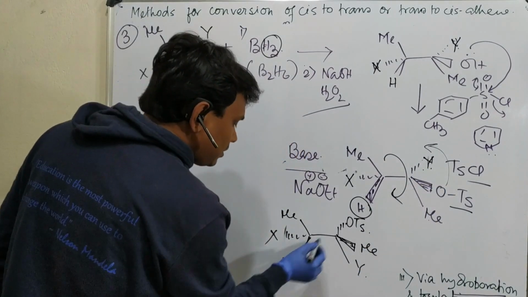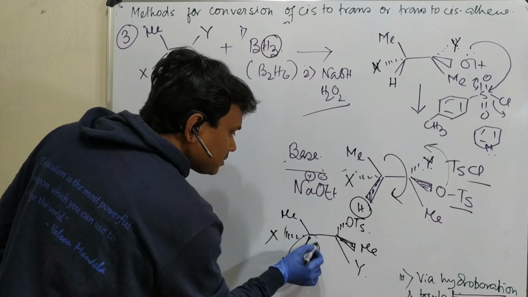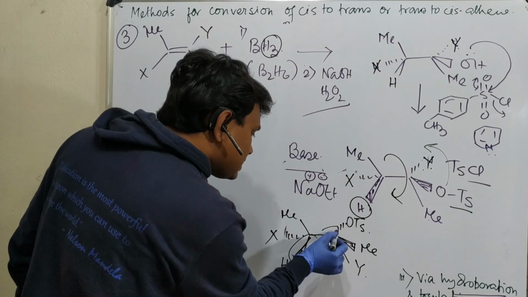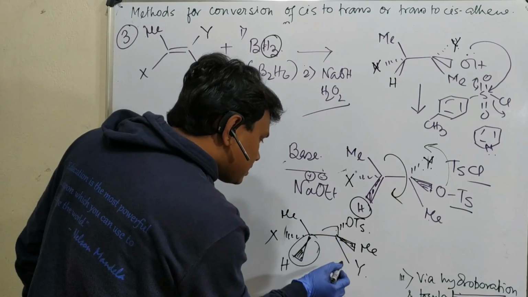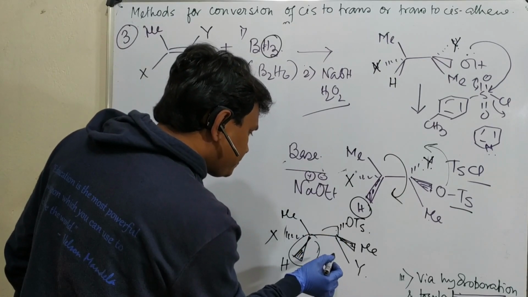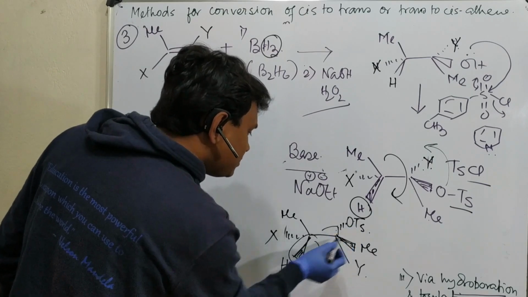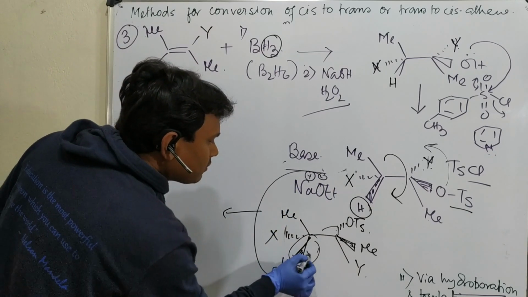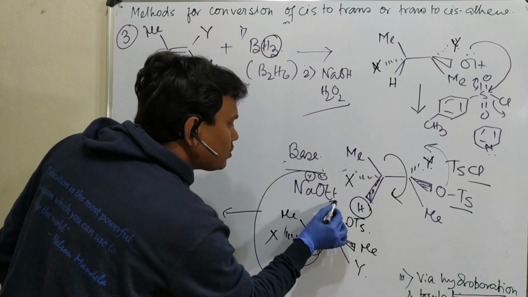So right now these are in anti-orientation. So what can happen? These two could be eliminated because this hydrogen could be abstracted by this base, followed by it coming here and this OTs leaving.